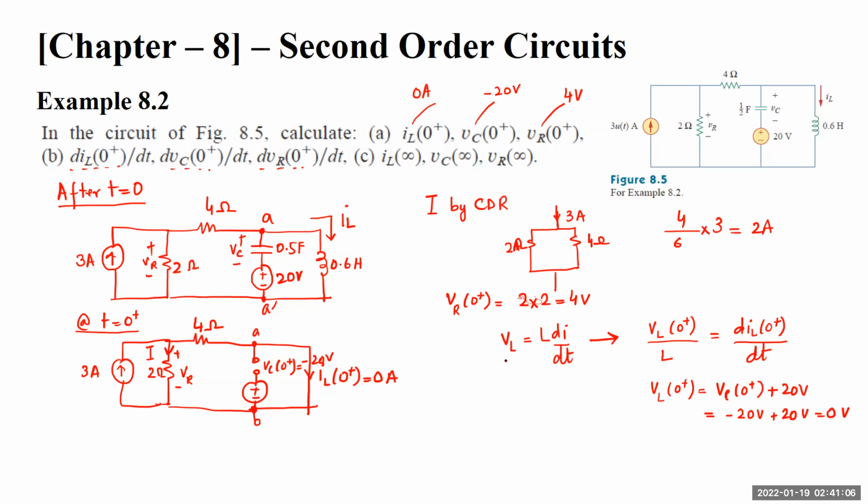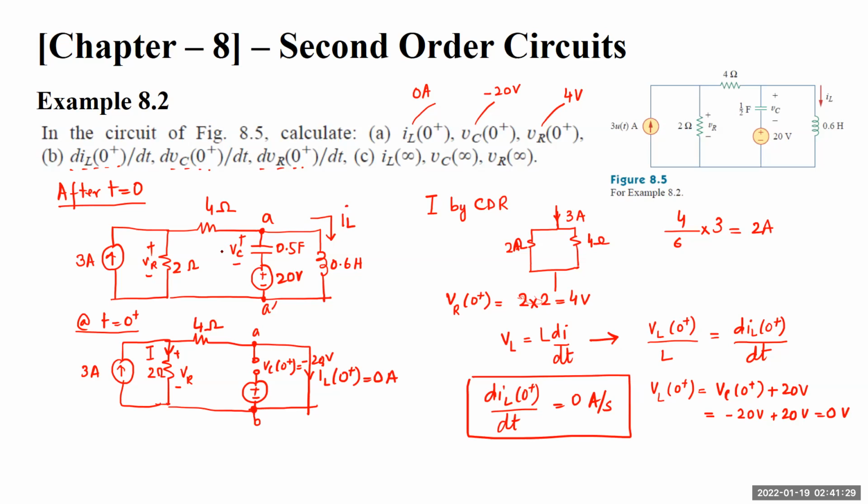So this is equal to 0 again, as what I have said. So this first value, dIL 0 positive divided by dt, is equal to 0 amperes per second. This is my first case: dIL by dt will be 0.